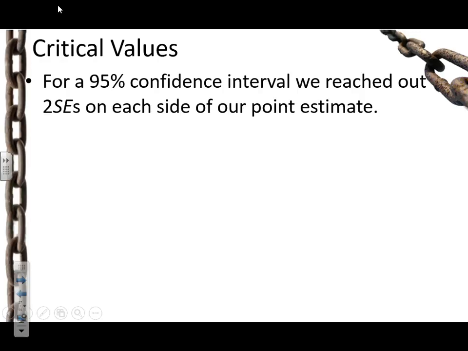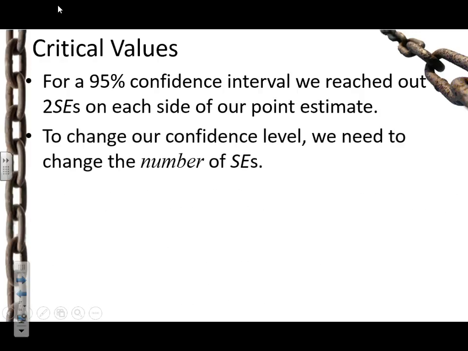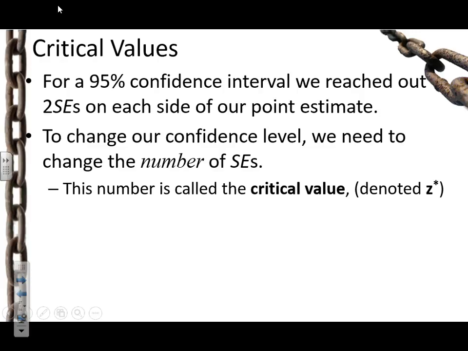Okay? Now, each confidence level changes the number of standard errors that we're going to reach. So every time we have a different confidence level, we have a different amount of standard errors that we want to reach above and below. So to figure out the number of standard errors that we need, we calculate what's called the critical value. And last week, I don't know if we talked about the notation at all, but when we talk about the critical value, the notation is Z star.